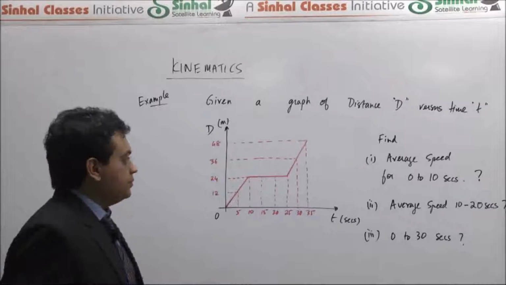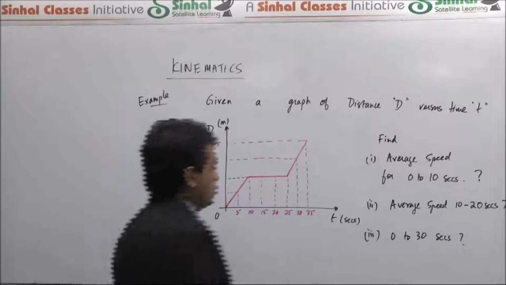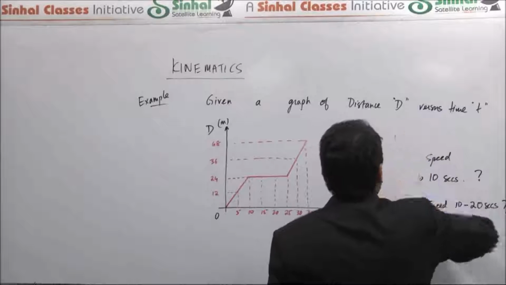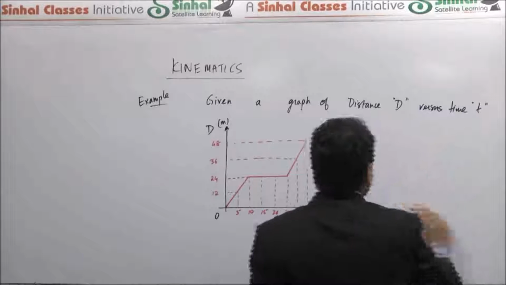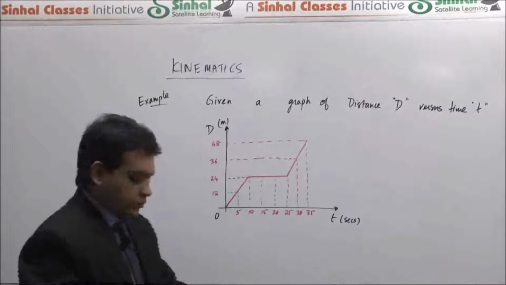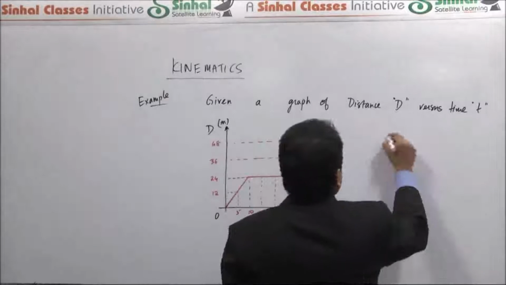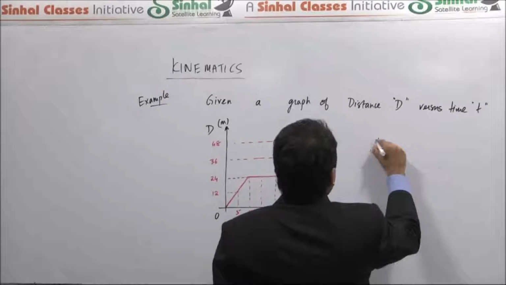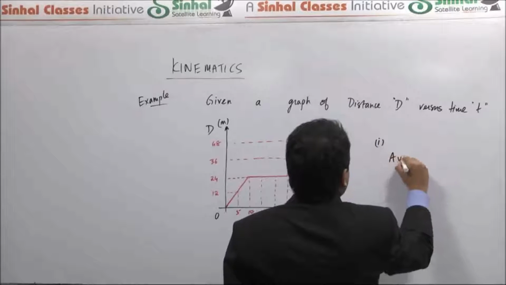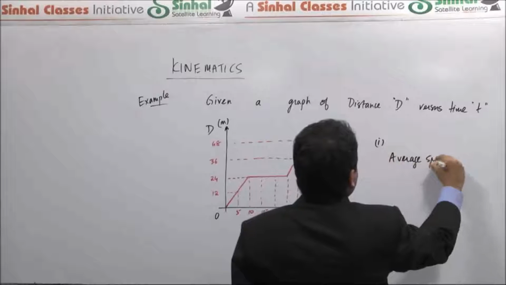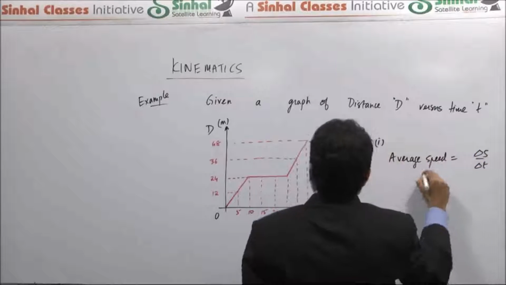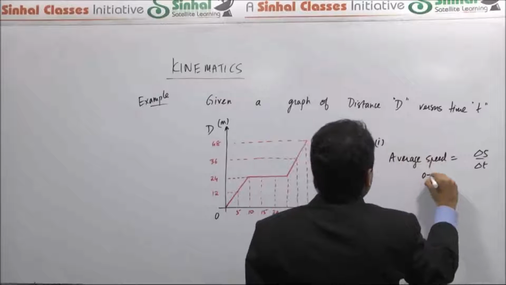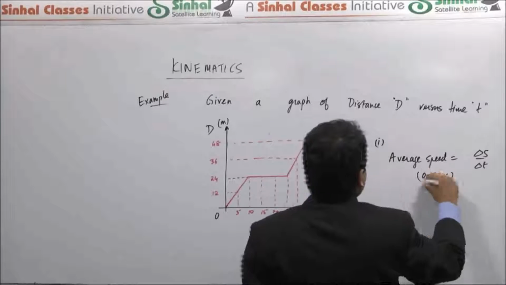So pretty simple. So let's see the first one. Okay, now we want to find this out from 0 to 10 seconds. That was the first part of the question.